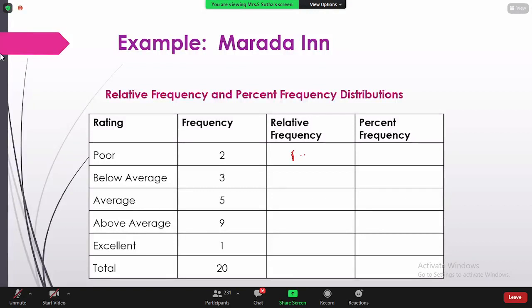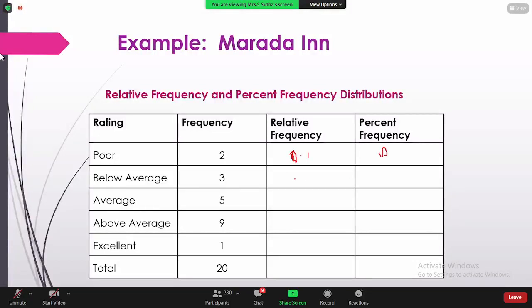Right, 0.1. What is the percent frequency? 10. We have to multiply by 100, right? The relative frequency should be multiplied by 100, then you can get the percent frequency. So that is 10.